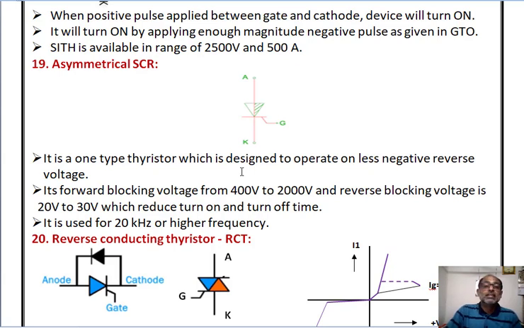It is designed in such a way that its forward blocking voltage is from 400 volt to 2000 volt, and reverse blocking voltage is 20 volt to 30 volt, which reduces the turn on and turn off time. Blocking means up to this 20 volt it will not turn off. It is sufficient to block this voltage, and this device will not turn on up to its blocking voltage. It is used for 20 kilohertz or higher frequency.